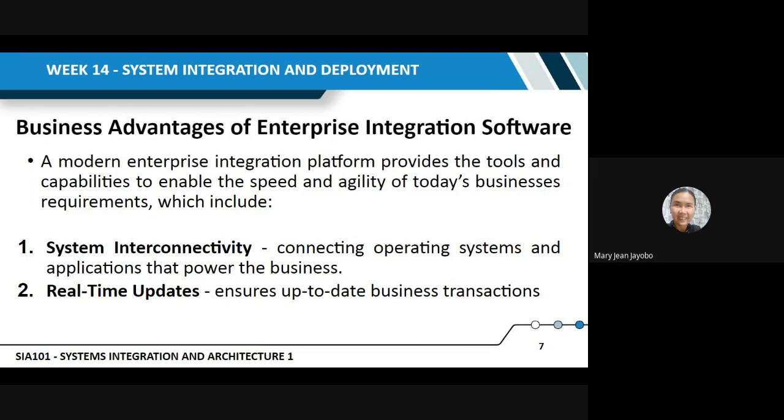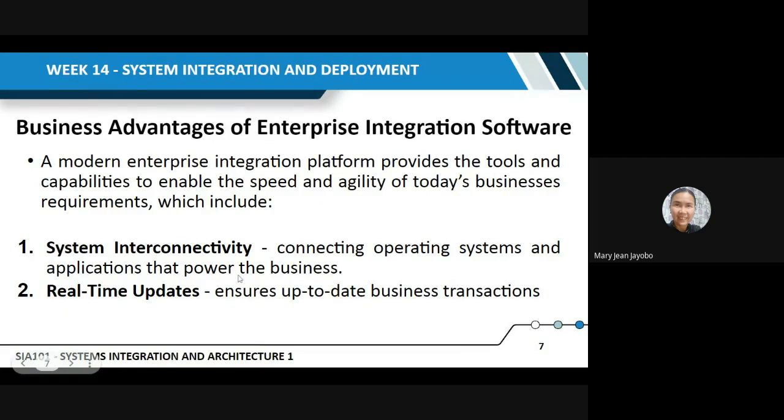Now, a modern enterprise integration platform provides the tools and capabilities to enable the speed and agility of today's business requirements, which includes what? System interconnectivity and real-time updates.